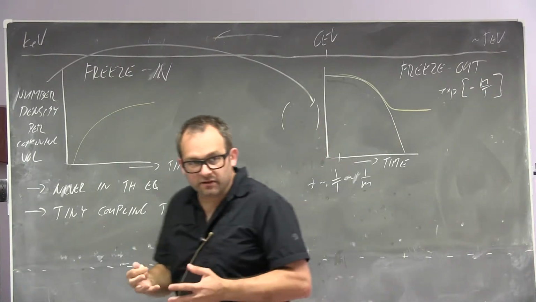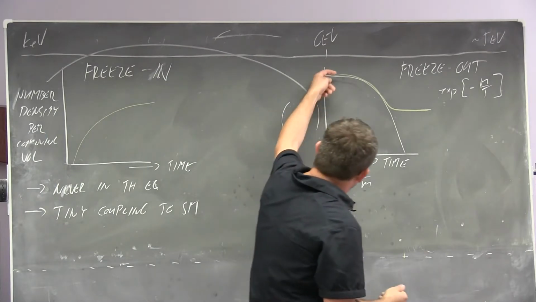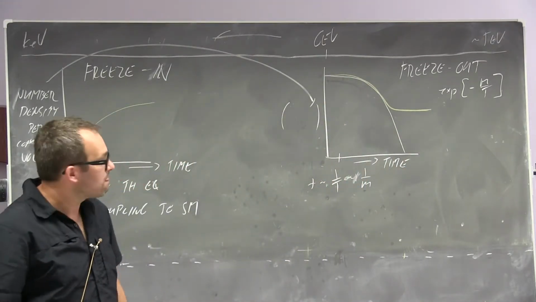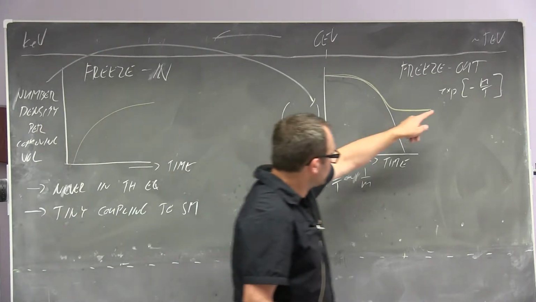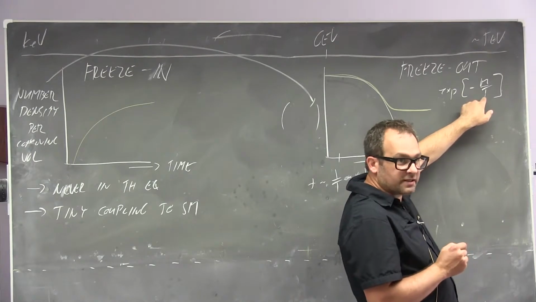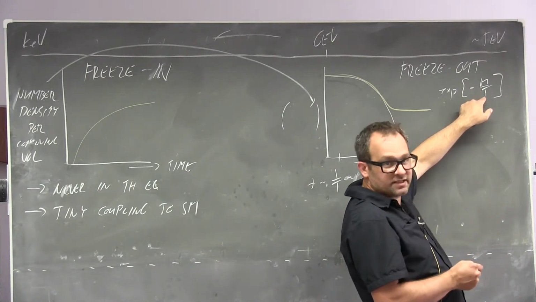And if it stayed in thermal equilibrium forever, then it would just get an exponentially suppressed abundance. But of course, this can only survive for so long because there's some interaction rate with the standard model that eventually freezes out.